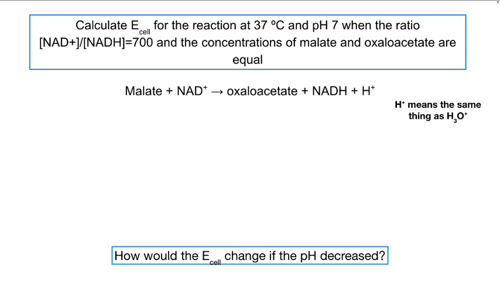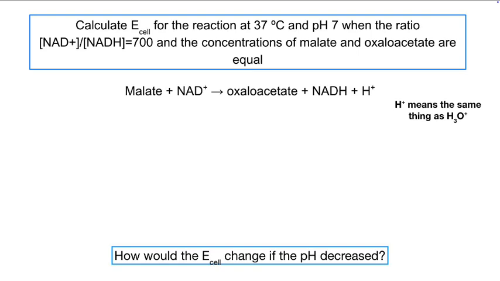Why would we make it neutral? Why do we pick 37 degrees Celsius? Body. Why do we pick pH neutral? Our body's roughly neutral. And then when the ratio of NAD+ to NADH is 700, what do those brackets mean? Concentration. And the concentrations of malate and oxaloacetate are equal.